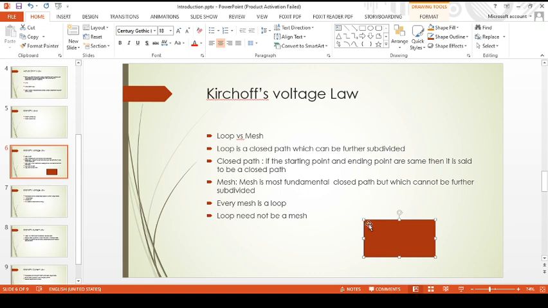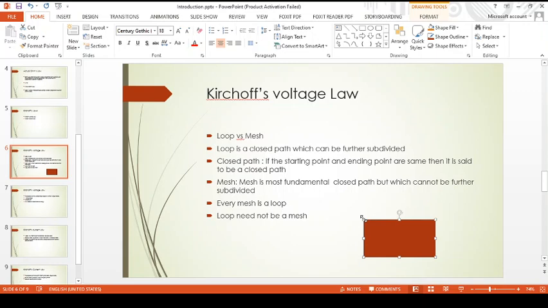If this is my starting point, I go this way and again come back to the same point. So this is my closed path. It's very easy. When you book a journey for your train or flight, it will ask you whether it is one-way or two-way journey. If you take a one-way journey, it's not a closed path because your starting point and ending point are not the same. But if you go and come back to the same place, it is a closed path.